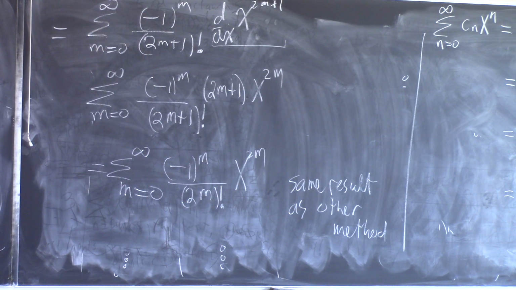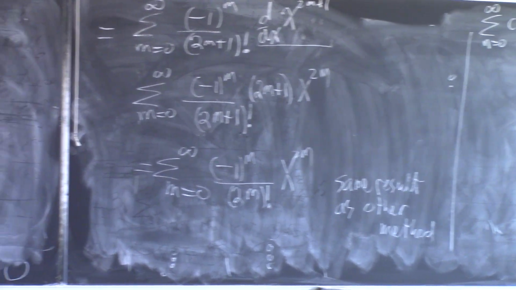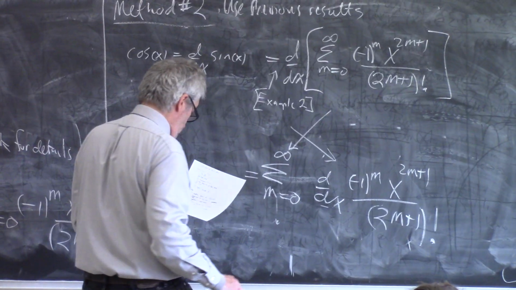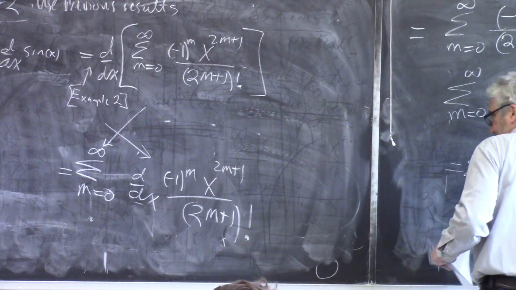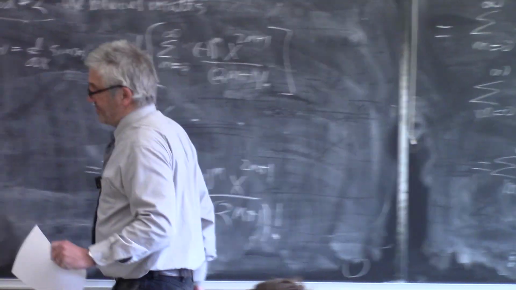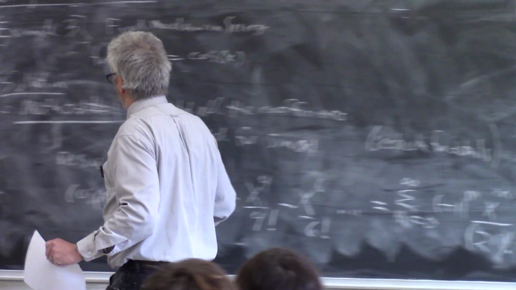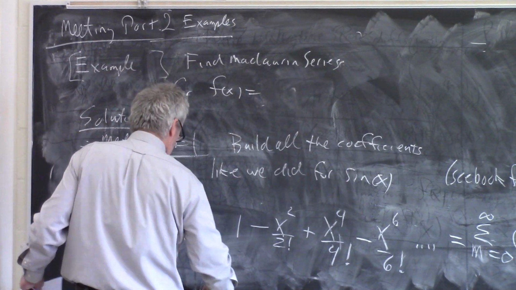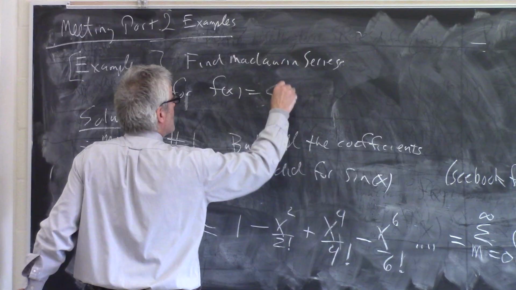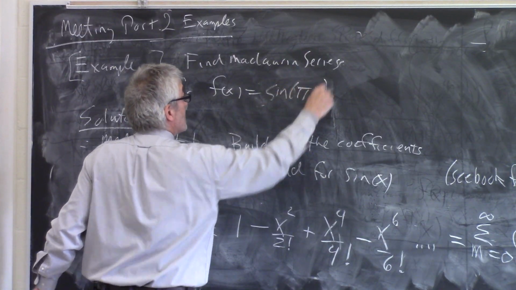Example 4, find the Maclaurin series for f of x equals sine pi x.